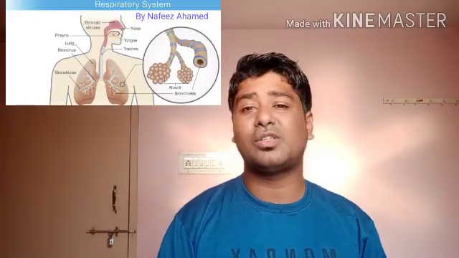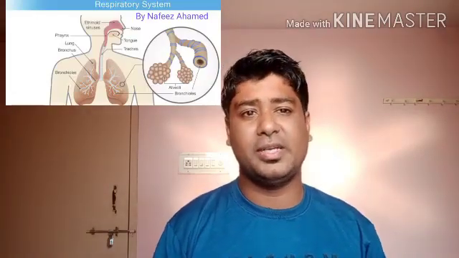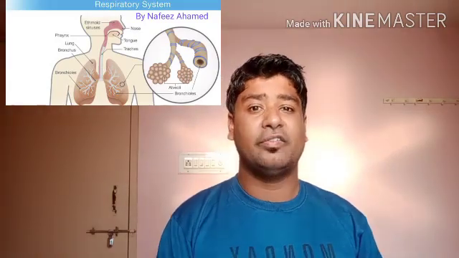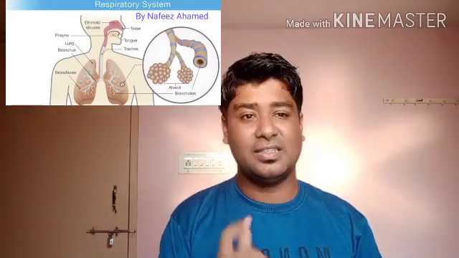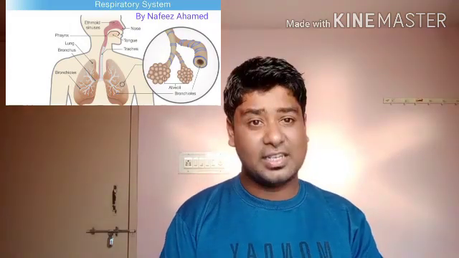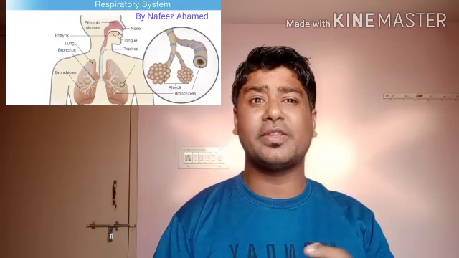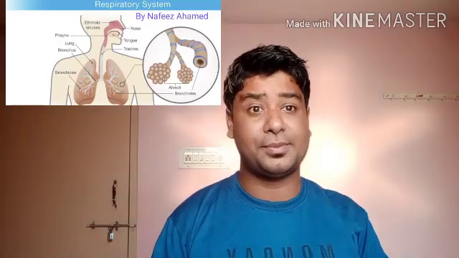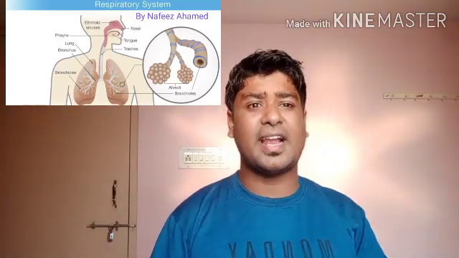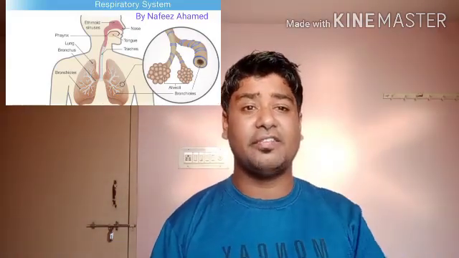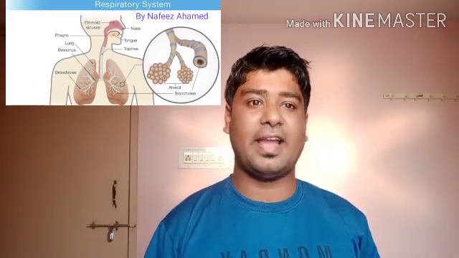Many times in board examinations the question has been asked: why do the walls of the trachea not collapse when there is no air in the lung? That is because it is supported by cartilaginous rings around the trachea, which prevent its collapse. Then the trachea is connected to the pharynx, and the pharynx is externally connected with the nasal cavity.